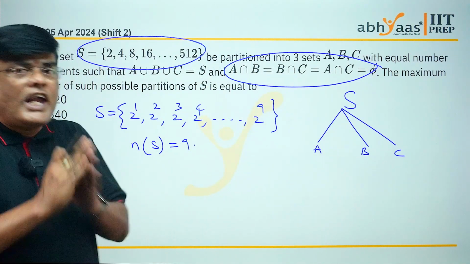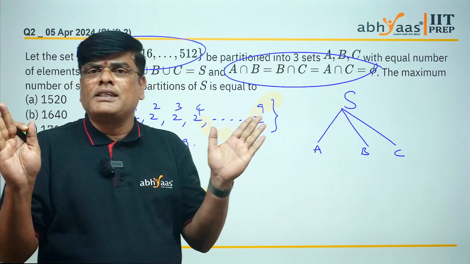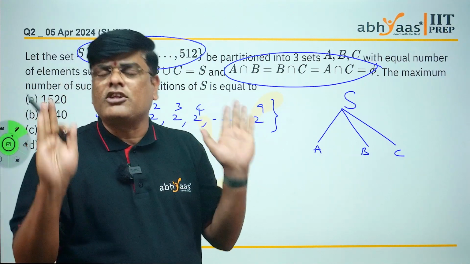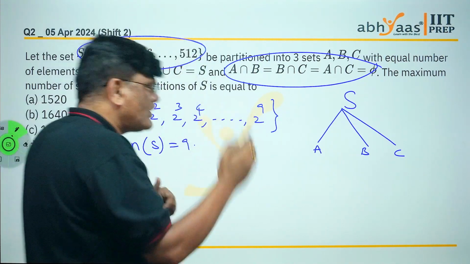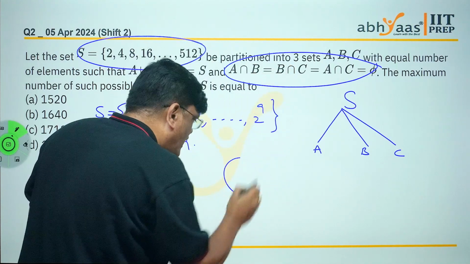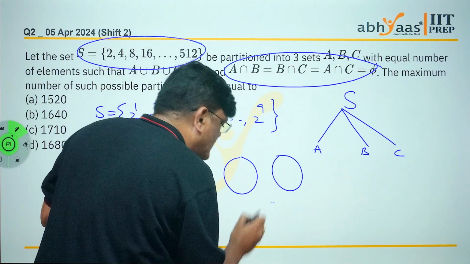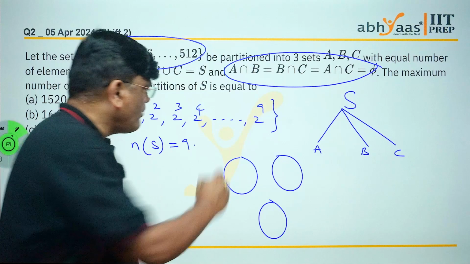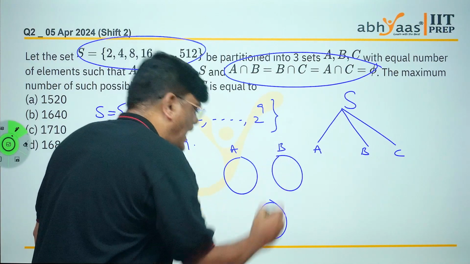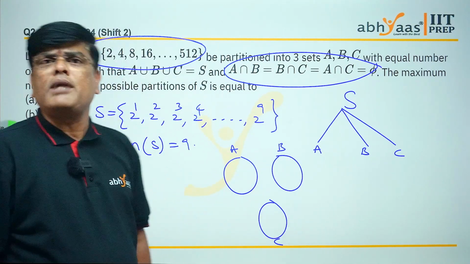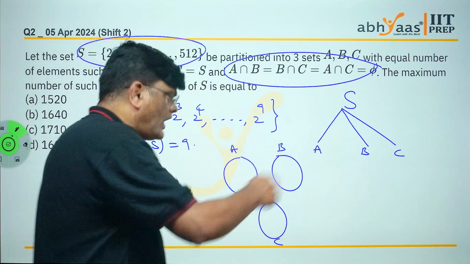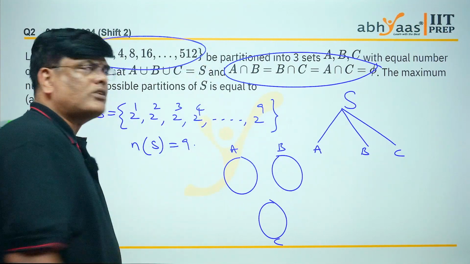Here for A and B there are no common elements, similarly for B, C and A, C also. That means for this question, if we take the Venn diagram, I can write like this. I am taking this as A, B and C. There are no common elements, and if we combine all these, that will be equal to S.